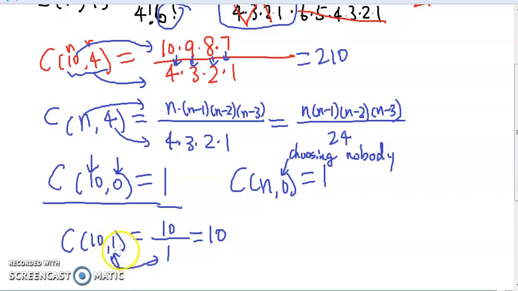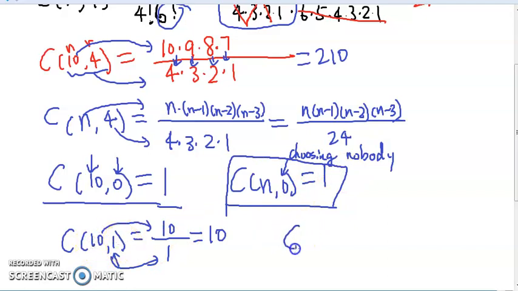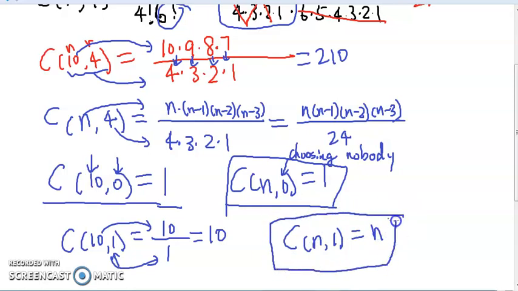The bottom starts with 1, and 1 factorial is just 1 number, and the top you start with 10 and you cannot reduce it by any number, because the top and bottom should have the same number of numbers. So these are the special cases. When you see n choose 0, the answer is always 1. If you do C10 choose 1 or Cn choose 1, the answer will always be n, because you have n people and you want to choose 1 person. Of course, there are n different options.